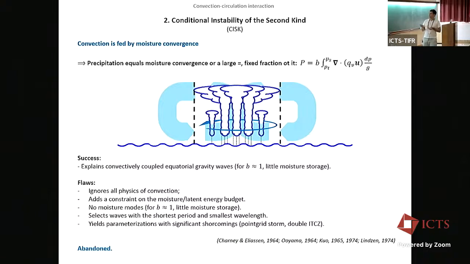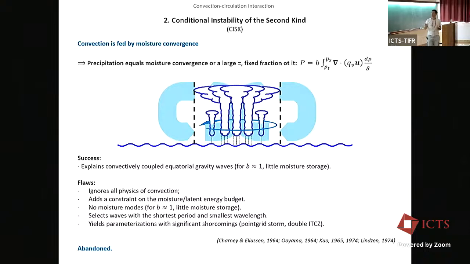So the QO parametrization of convection was based on that, for example. And so there was one big success of this idea, which was it could explain the convectively coupled equatorial gravity waves. Essentially, I said yesterday that the convectively coupled gravity waves are just a sort of limit case where we can neglect the storage of humidity.